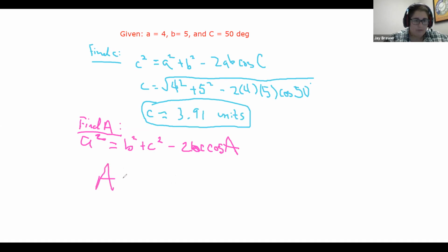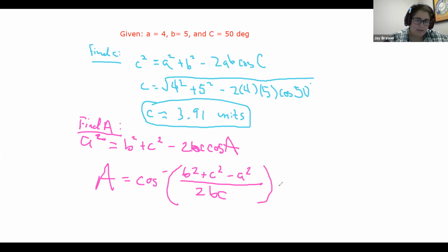So if we go through and do that, we end up with the cosine inverse of b squared plus c squared minus a squared all over 2bc. Now, it's completely up to you guys.